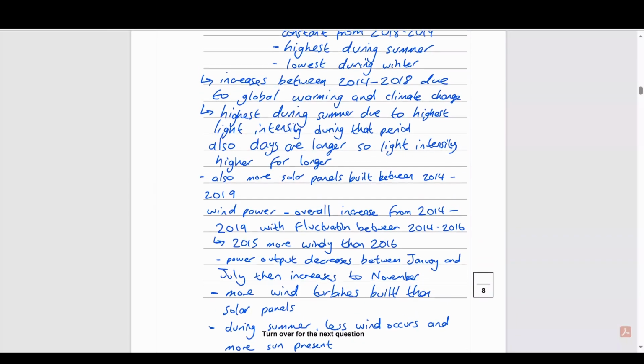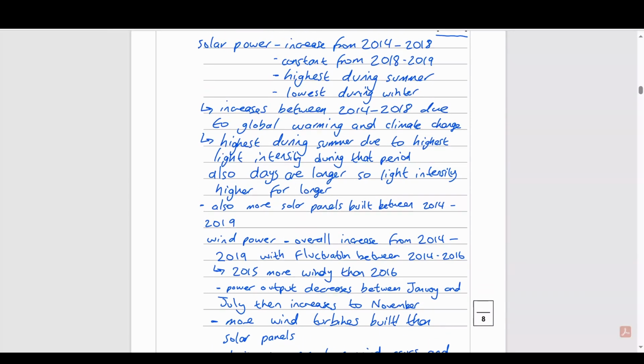So here is our answer now. What we've done in these first bits is describe what is occurring during the two graphs.